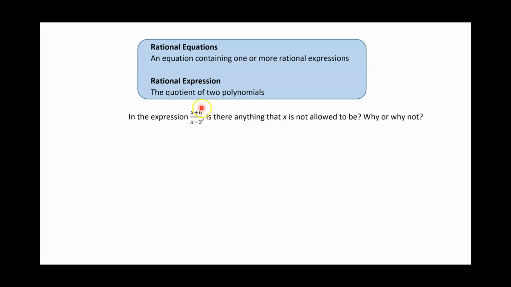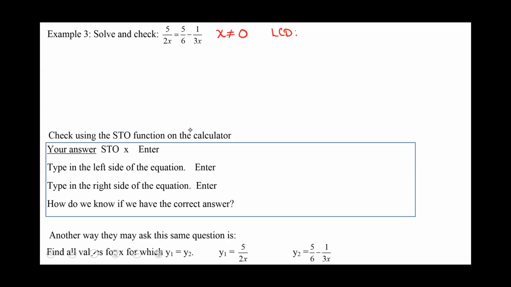Now, if this expression was in an equation, you would not be able for x to be 3. If x was 3, you'd get 0 in the denominator, which is undefined. So before we start that equation, we need to keep in mind that x cannot be equal to 3 as a solution. If we got that as a solution, then it would be something called an extraneous root that we'll deal with later on.